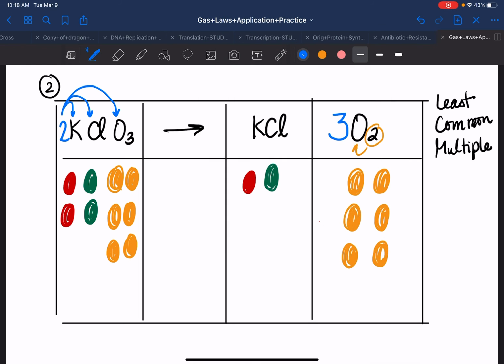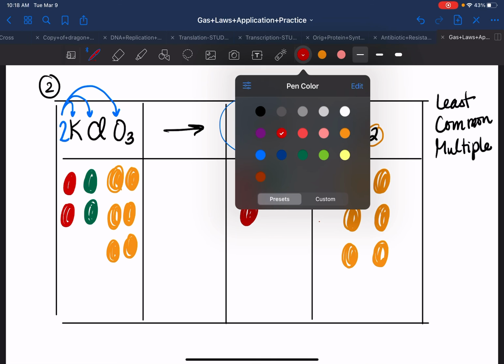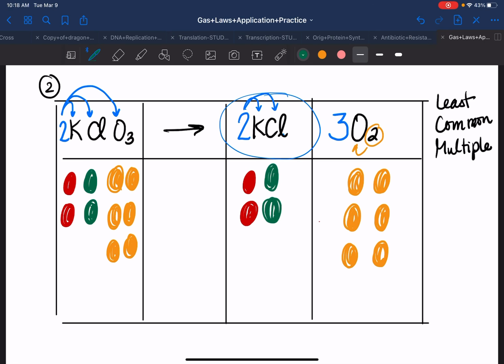So I've got to balance that. Think about how I make this into 2. Hopefully you'll say I'm going to put a coefficient of 2 in the front, which means it applies to that and it applies to that, which turns my circles into 2 Ks, and then, oops, we're using green, 2 Cl's.